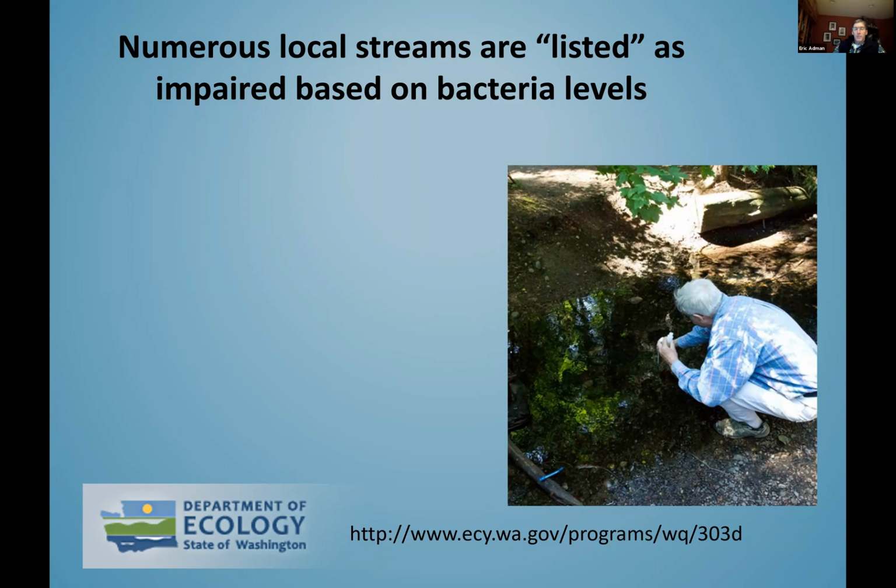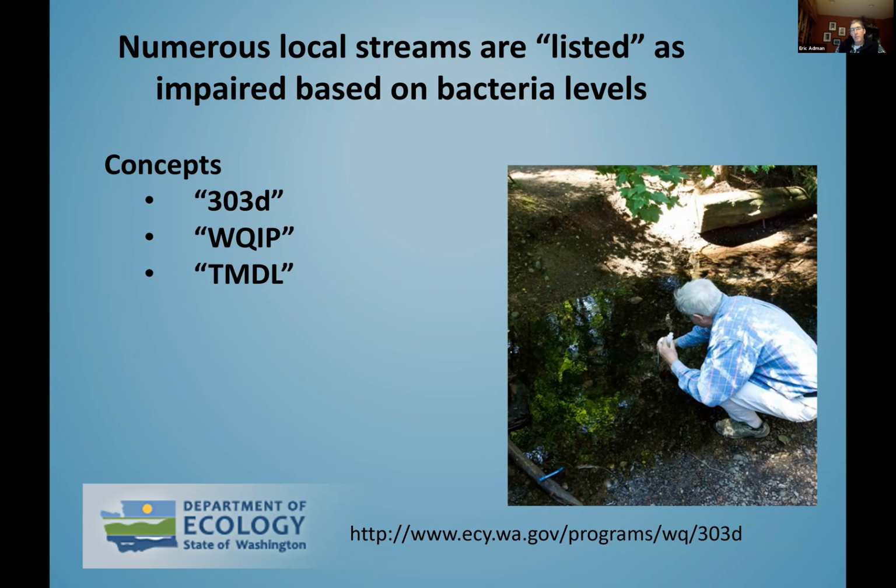A couple other concepts related to bacteria levels are streams being listed as impaired. There are some technical terms associated with that that I want to give you just for familiarity.